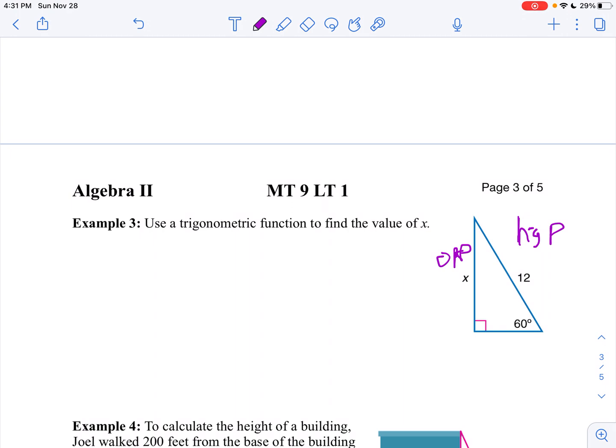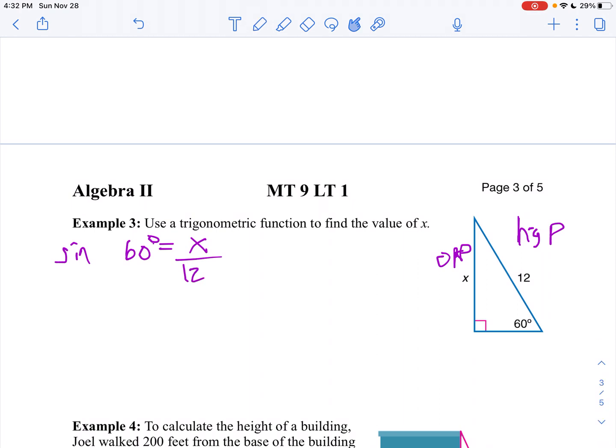Well, if I look at that opposite and hypotenuse, I'm going to use cosine. So I'm going to say the cosine of 60 degrees equals the opposite. Sorry, that's not cosine, that's sine, isn't it? Sorry about that. Sine is opposite. So the sine of 60 degrees is the opposite, which is x, over my hypotenuse, which is 12.